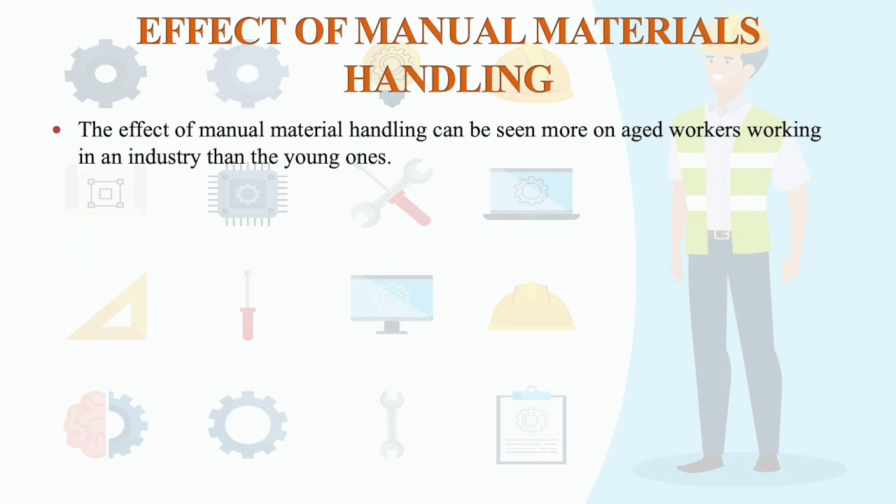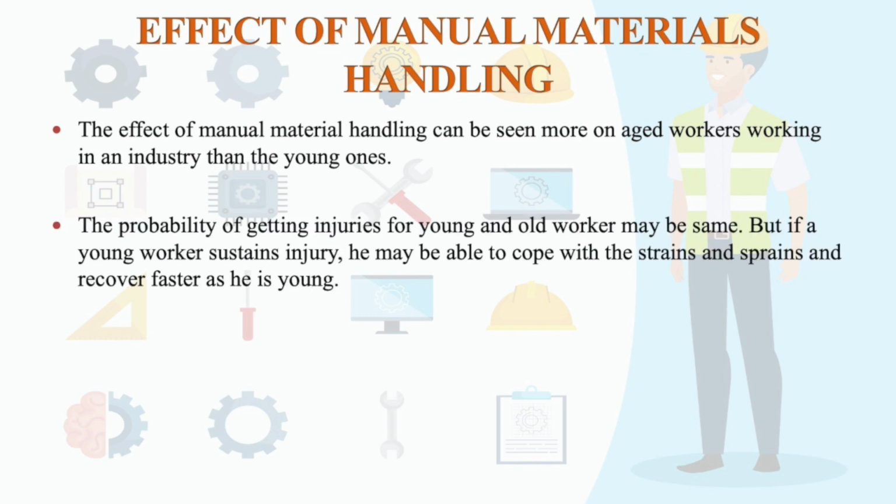The effect of manual material handling can be seen more on aged workers working in an industry than the young ones. The probability of getting injuries for young and old workers may be the same, but if a young worker sustains injury, he may be able to cope with the strains and sprains and recover faster as he is young.